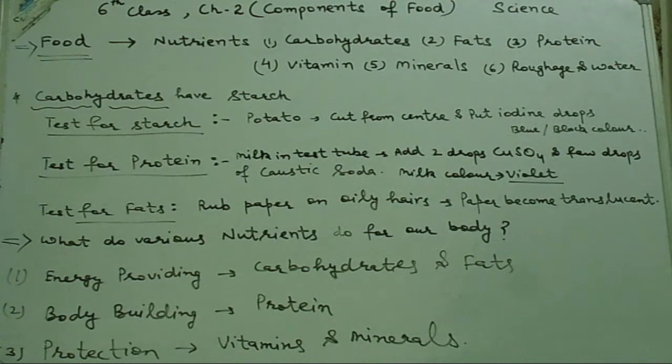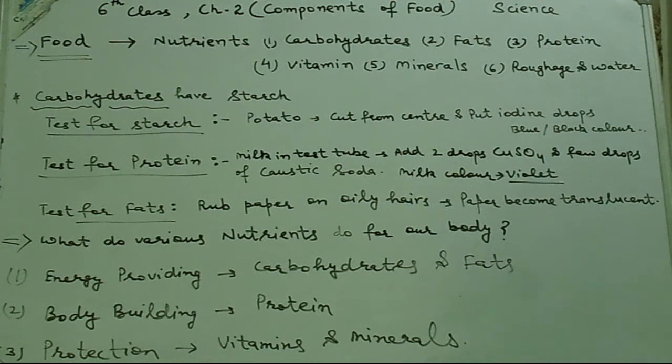But if we are taking more fats, then we have so many problems in our body, heart problems and so many other problems that occur due to more intake of fats. So we have to take limited fats in our diet, but carbohydrates we can take in more amount, and that's because they are energy providing food items.